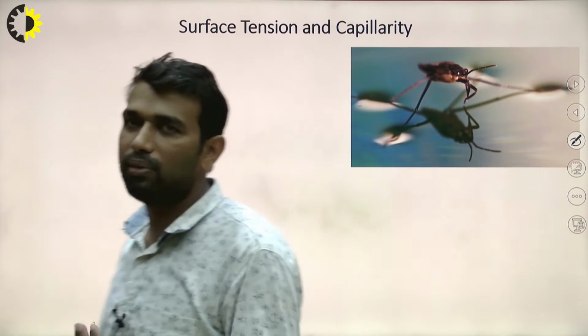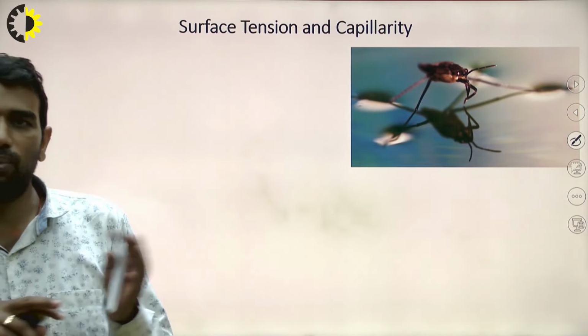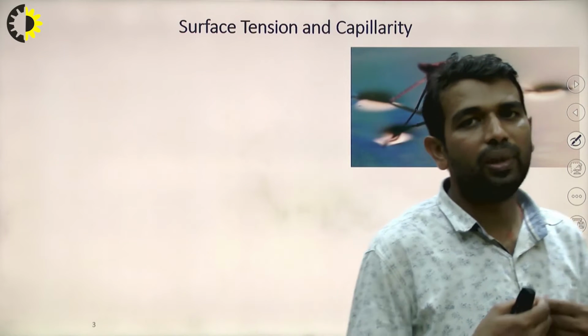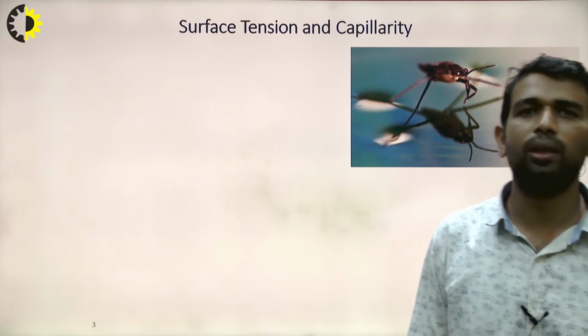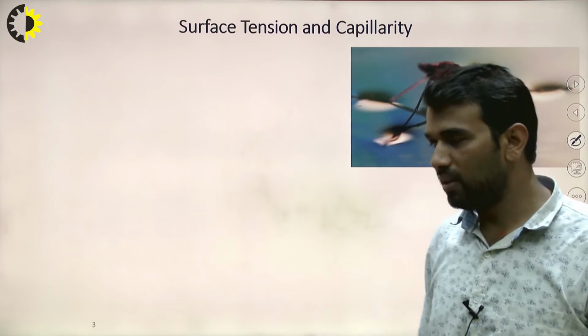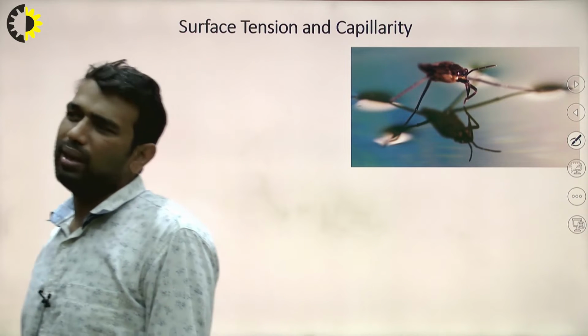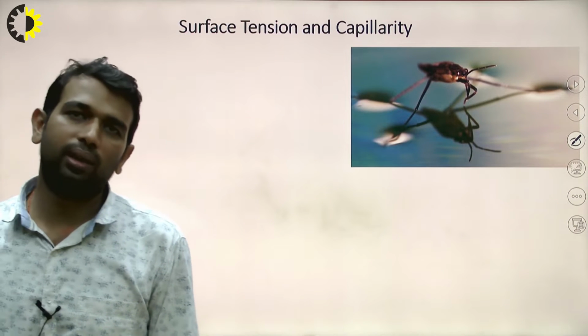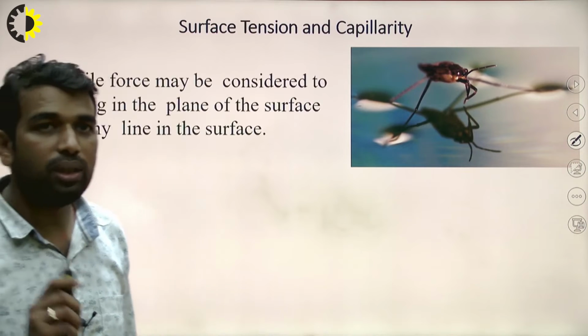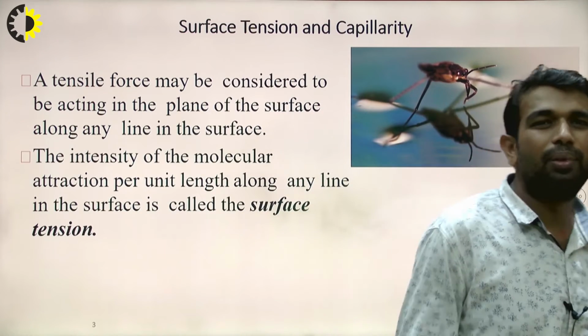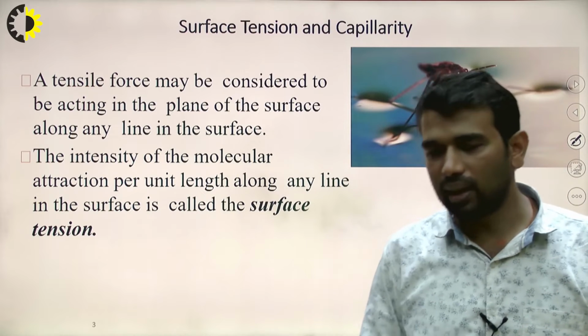The weight of that insect is balanced by the surface tension, or stretched membrane of the fluid, and that's why they do not dip inside the fluid. It has mass, but that is balanced because of the stretching of the membrane. So we have to understand this. These are a couple of examples you can see in nature also.